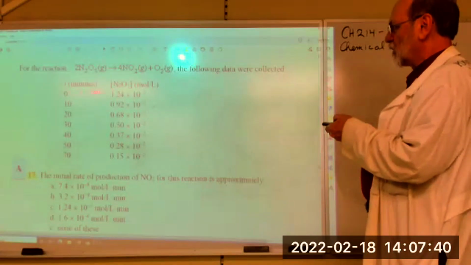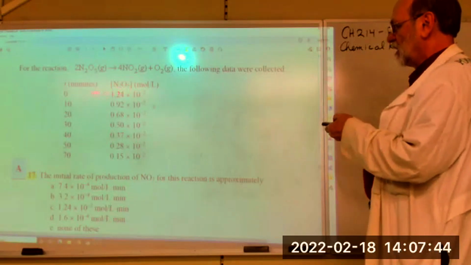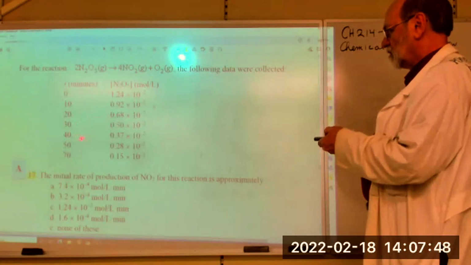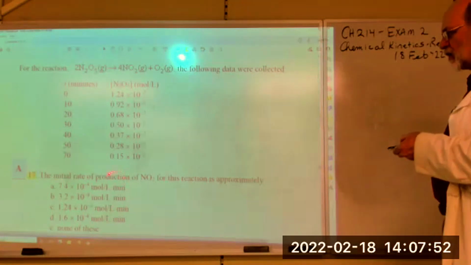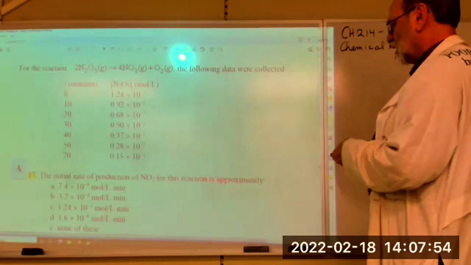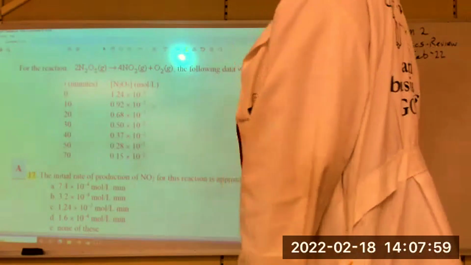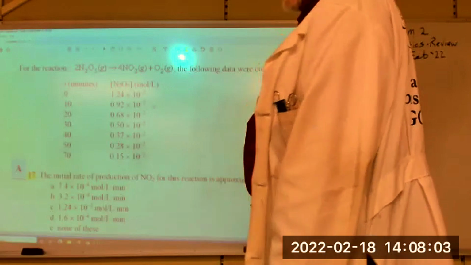So at time 0, the concentration was this of N2O5, and then it's gradually decreasing. Okay, now what are we looking for? The initial rate of production of NO2 for this reaction is approximately what?